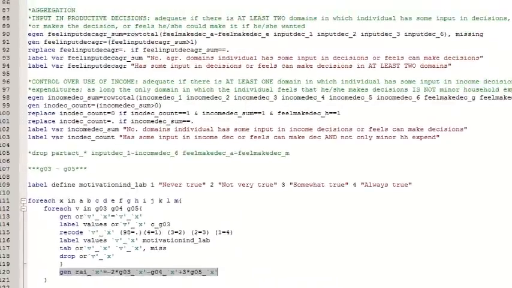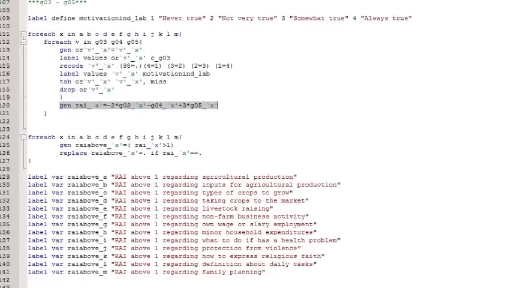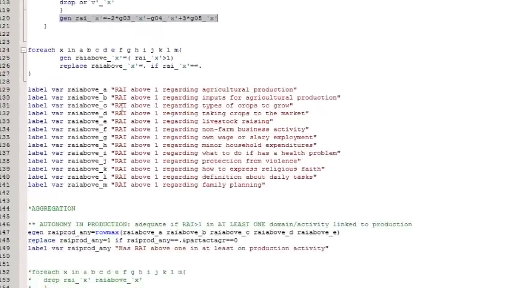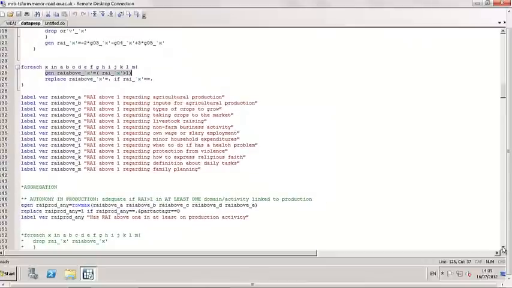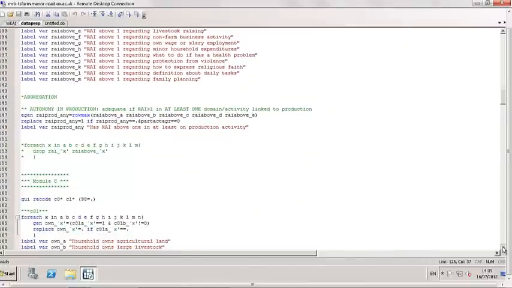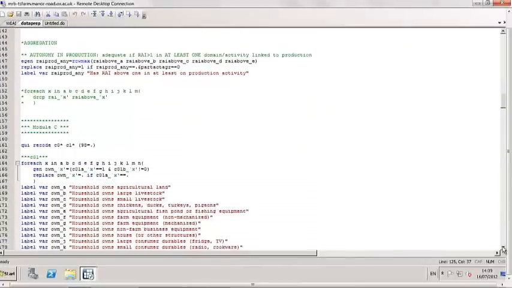This index varies between -9 and 9. Then we create the dummy variable, the dichotomous variable, high-above-X, that is 1 if the relative autonomy index for activity regarding this type of decision X is higher than 1. Then we proceed to aggregation.